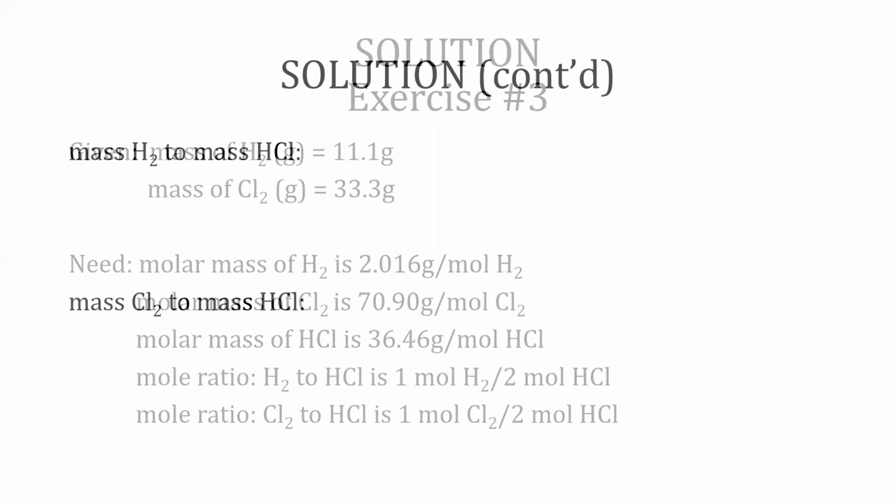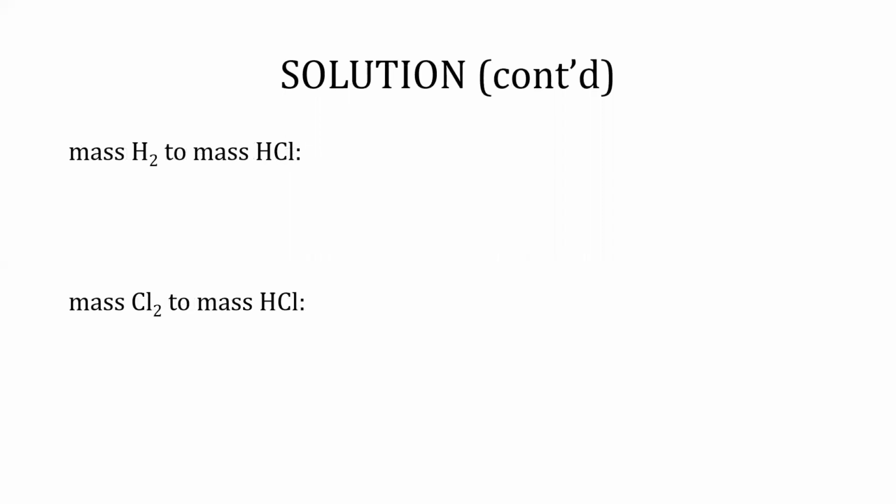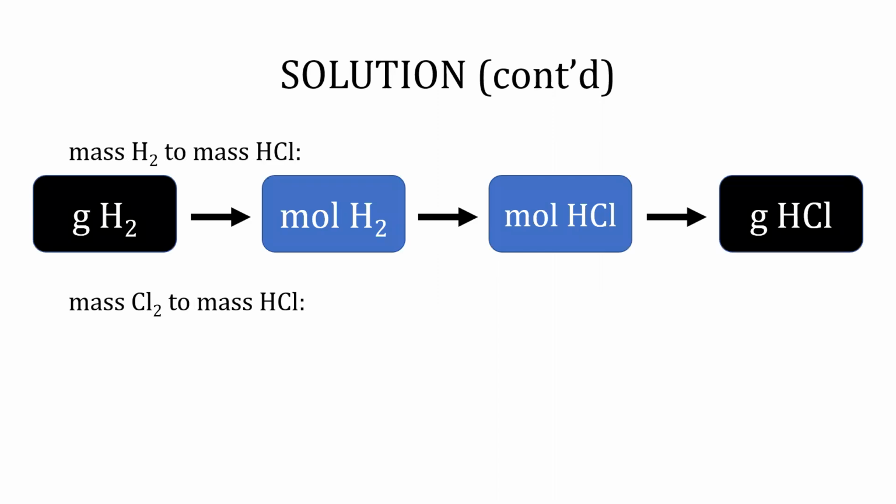The solution map to go from mass of H2 to mass of HCl is by starting with g of H2, and after dividing by the molar mass of H2, get moles of H2, which one then multiplies by the mole ratio of HCl over H2. And lastly, multiply by the molar mass of HCl to get g of HCl.